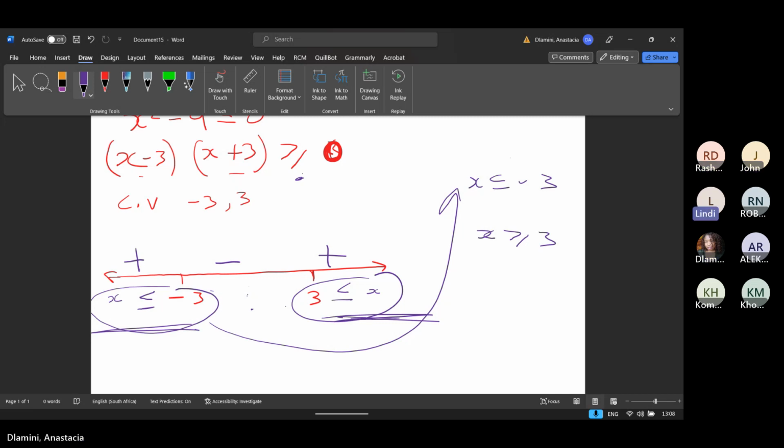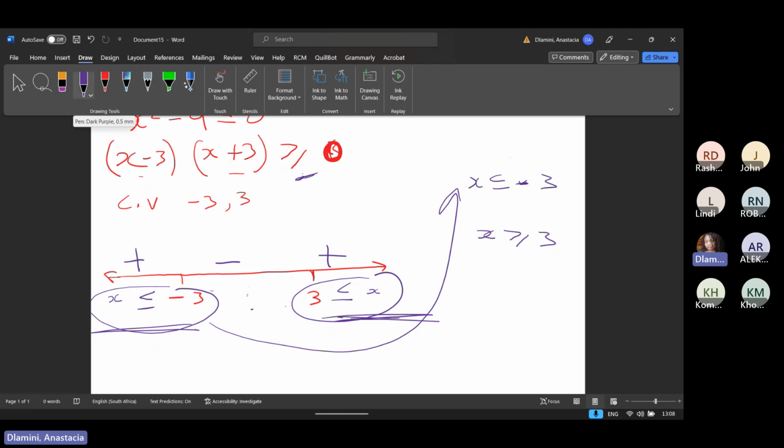Thanks. Does it make sense now? Yeah, it makes sense. Yes, it does. Okay, so let's choose a value here. Let's see if this is correct. We're saying we want values at 3 and less than -3 to make this statement correct. So we're not going to choose -3. Let's choose -4.